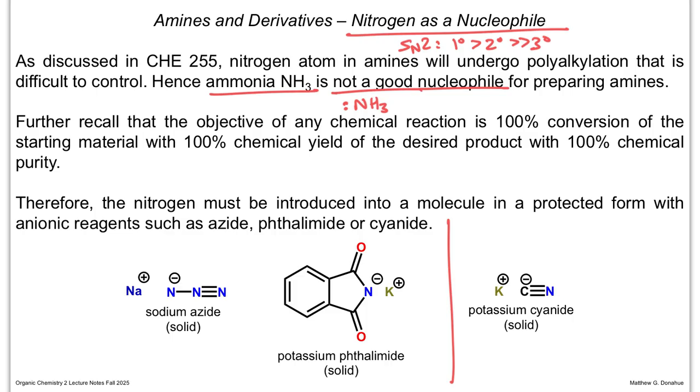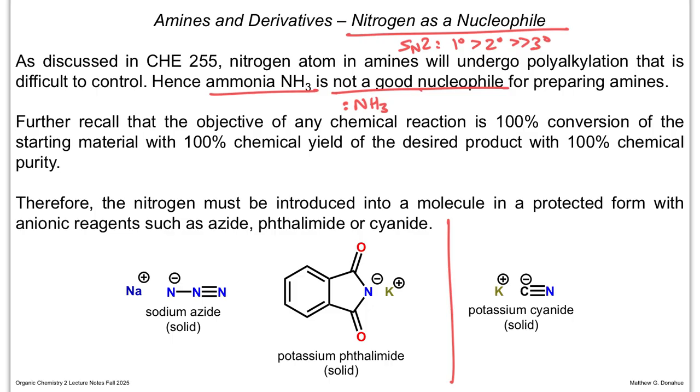Now, the issue with all of these, it's not just N in whatever you want. The nitrogen's protected. So the reagent gets it in the molecule, and then you have to do another step to unravel it or reveal it to what you're trying to make. Sodium azide and potassium phthalimide are easy reagents to handle.